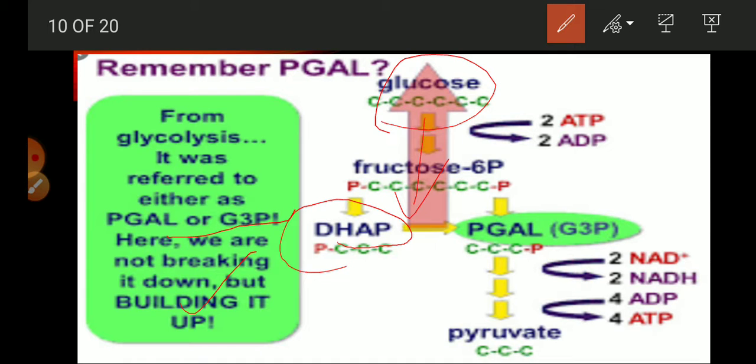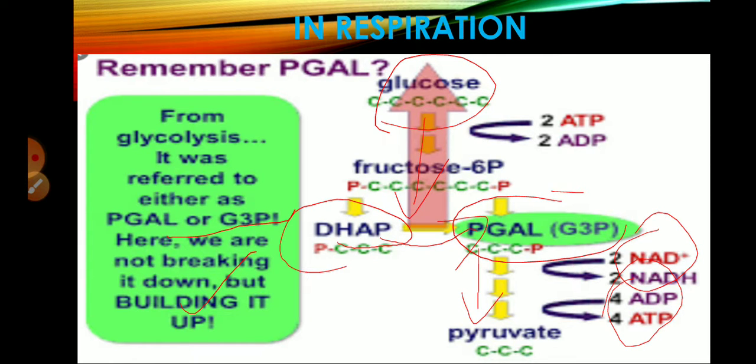This is an unstable compound, and it can change into PGAL again, and then proceeds to the next reaction, the payoff phase, in which we get ATP and NADH as energy, and we get pyruvate.